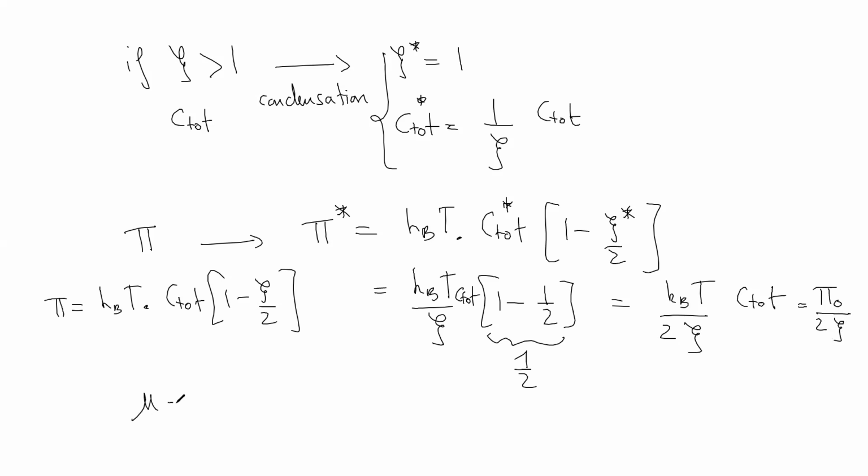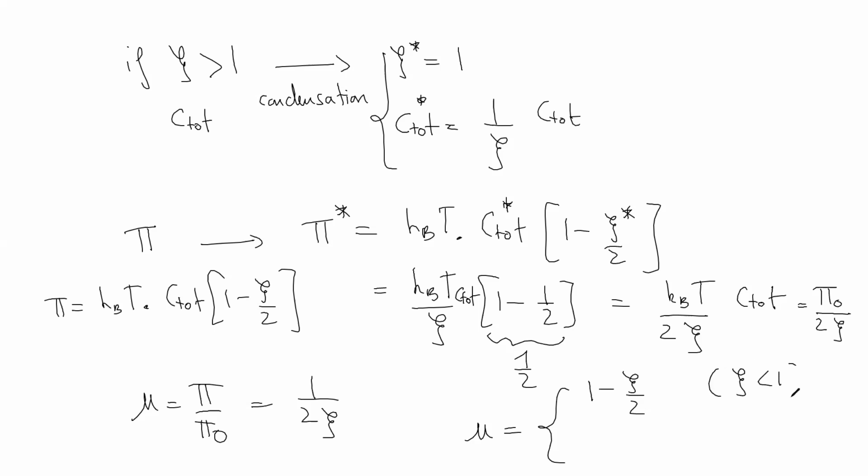So mu, which is pi over pi naught, now is different above 1, is 1 over 2 psi. So as a conclusion, mu is either equal to 1 minus psi over 2 if psi is smaller than 1, and 1 over 2 psi if psi is bigger than 1, so in the condensation regime.